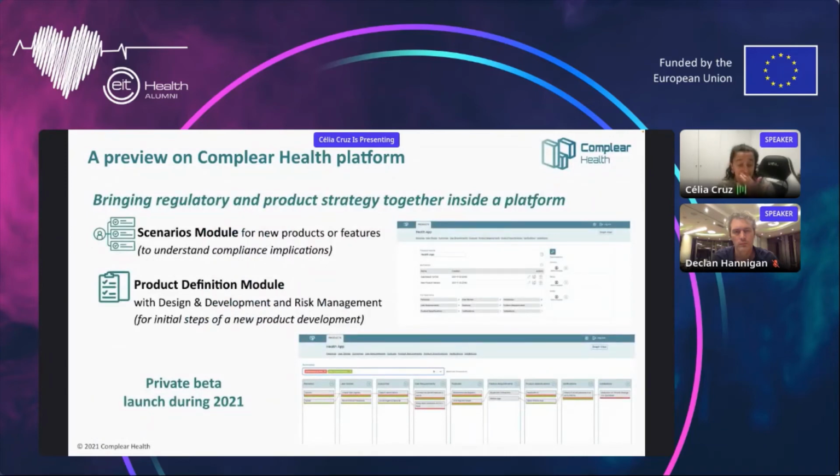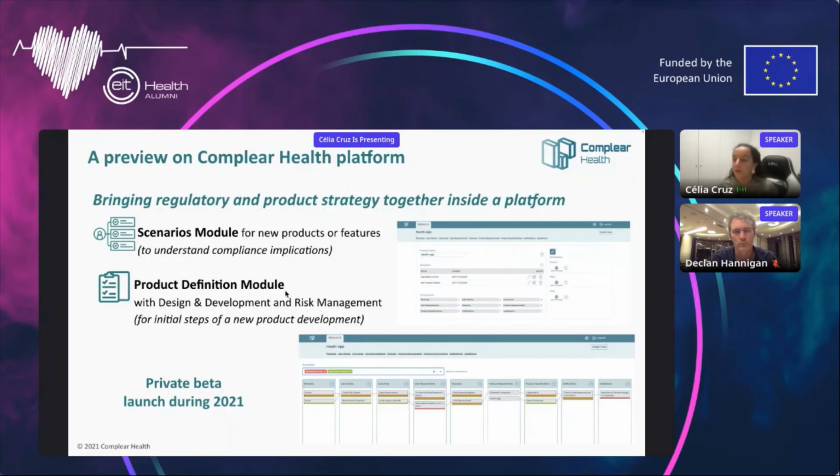By working with our clients and from our expertise in the field, we are developing several modules to speed up and simplify several steps of the regulatory process for digital health. Starting with bringing the product and regulatory strategy together within a scenarios module for new products or new features, teams from different companies can map their compliance implications.